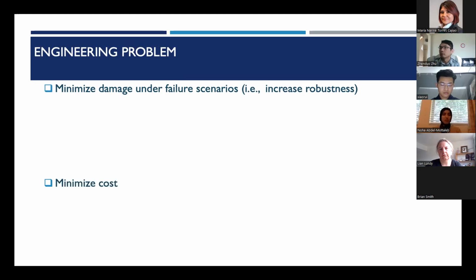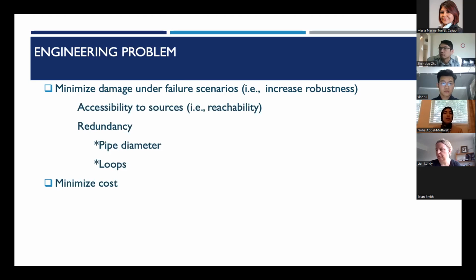At the same time, we want to minimize cost. So we can't just minimize the damage by adding all of the redundancies that we want to, by adding lots of loops and increasing the pipe diameters, because we want to minimize the cost. And so that's the engineering problem. Now let's zoom in a little bit on performance and this idea of minimizing damage. That has to do with how accessible the end users remain to water sources in the network.